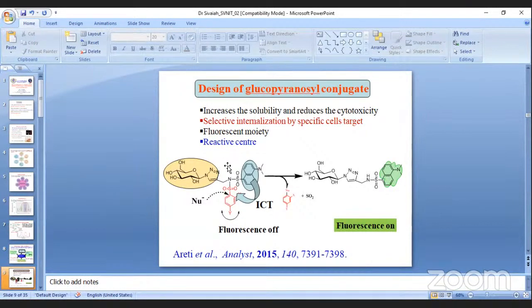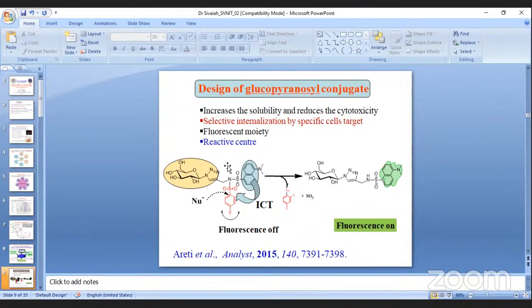All of you know that on the cell surface you have a carbohydrate recognition domain. Each carbohydrate, like glucose, galactose, fructose, has a specific recognition domain in specific cells. So if we have the glyco moiety, it will be selectively internalized by a specific cell target.